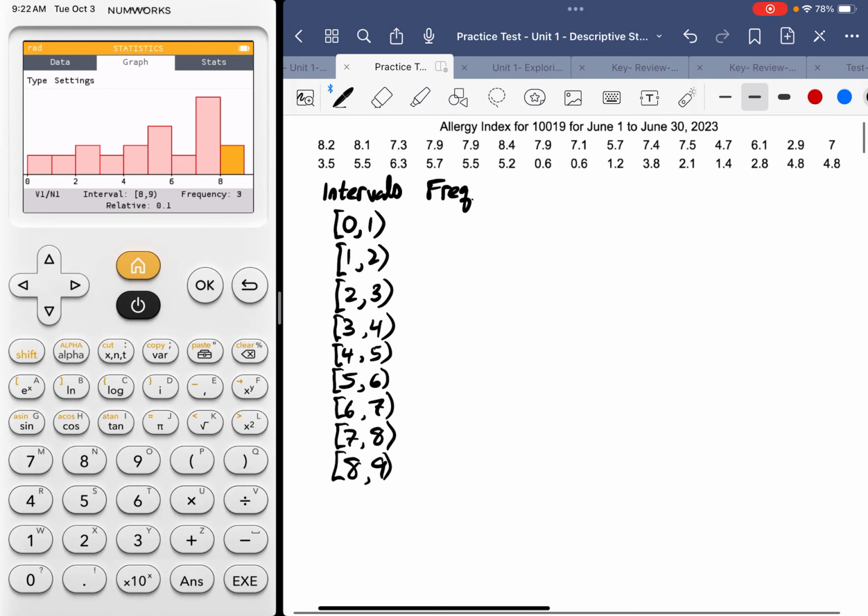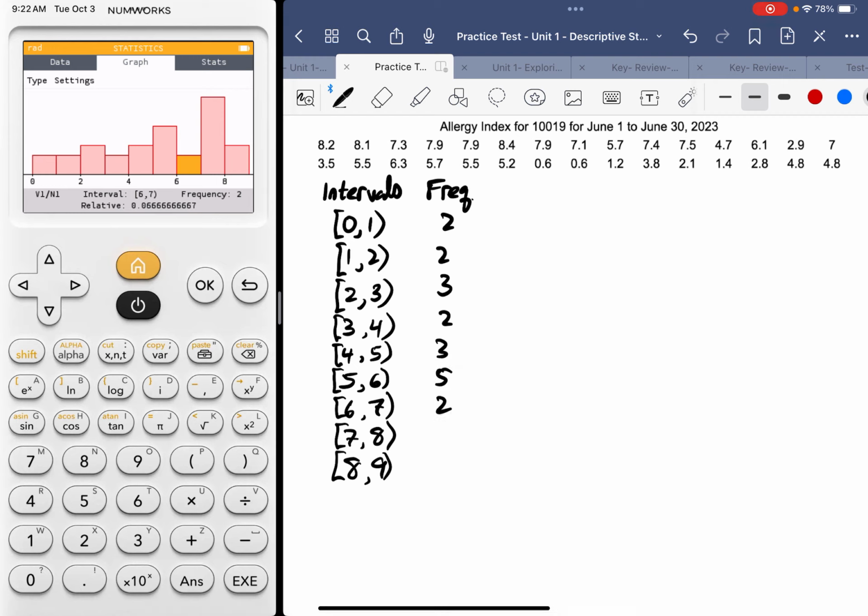All right, and corresponding frequencies, I got 2, 2, 3, 2, 3, 5, 2, 8 and 3.